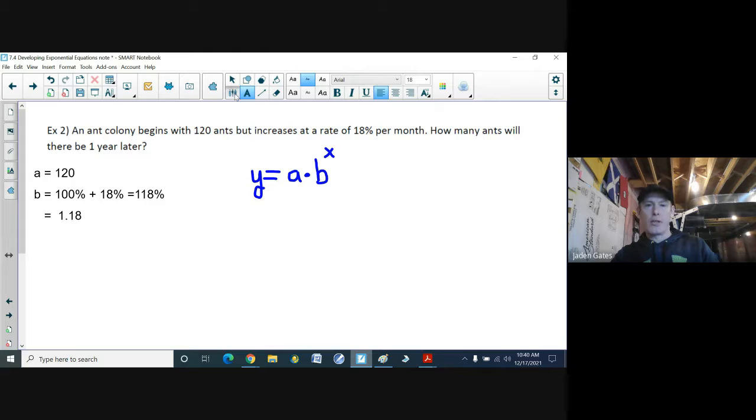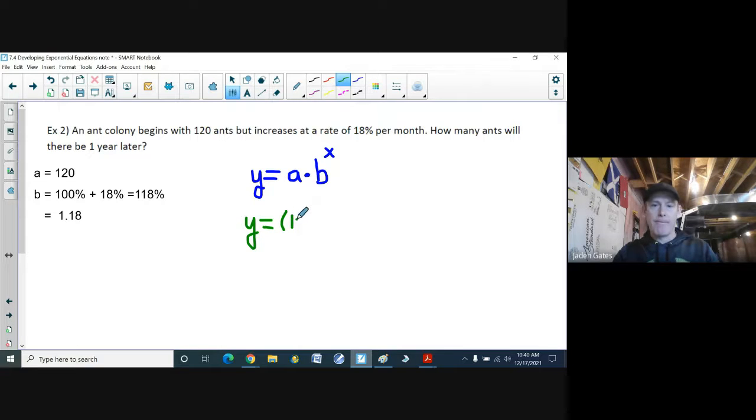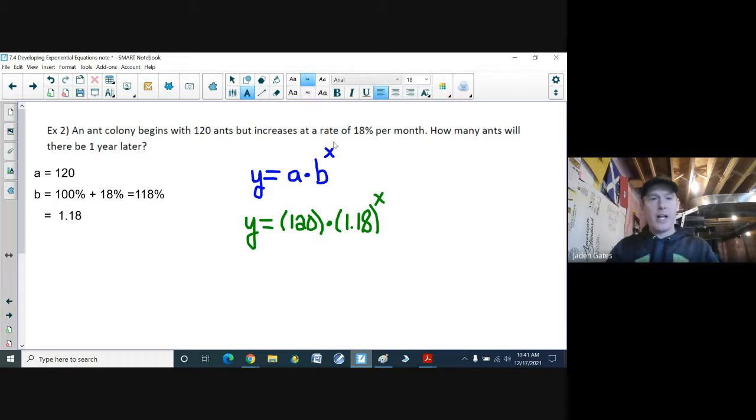All right, so my equation now is going to be y equals, my a is 120, times b, which is my 1.18, to the power of x. Now to answer the question, how many ants will there be 1 year later?